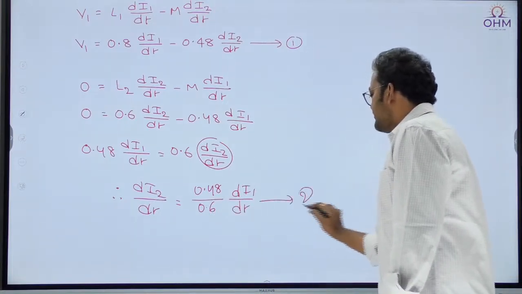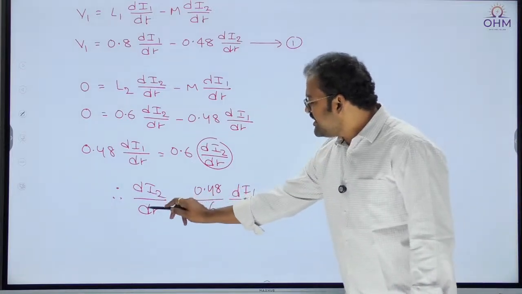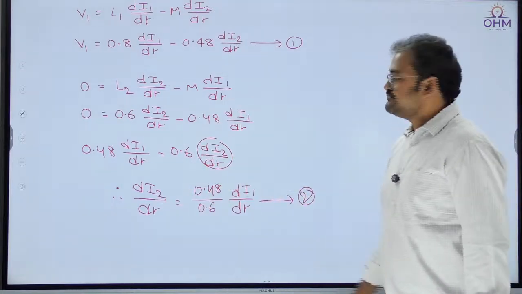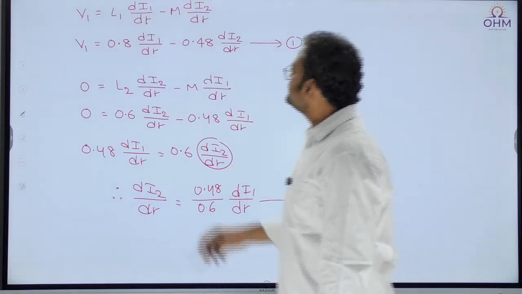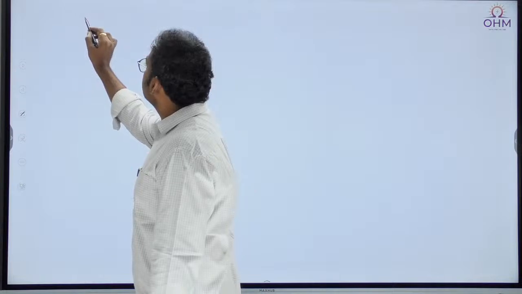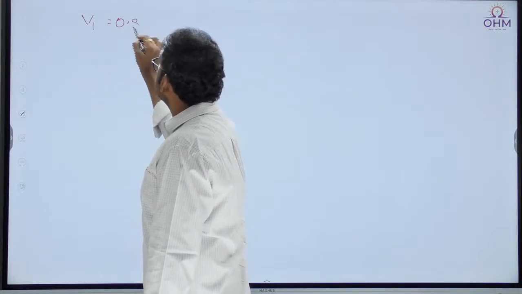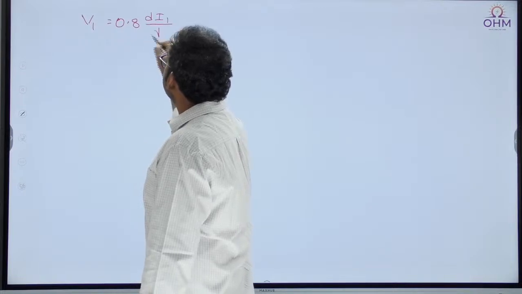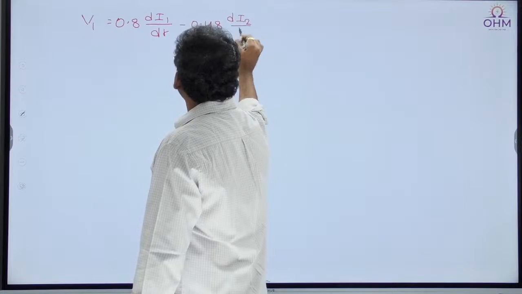Assume this is equation number 2. Now what you do is substitute this equation 2, di2 by dt, in equation 1. Then what happens? So I will rewrite equation 1. Let me go to the next page. Yes, v1 is equal to 0.8 di1 by dt minus 0.48 di2 by dt.